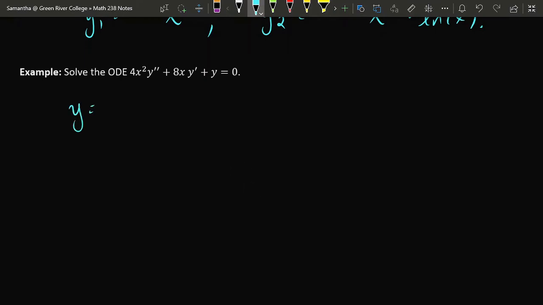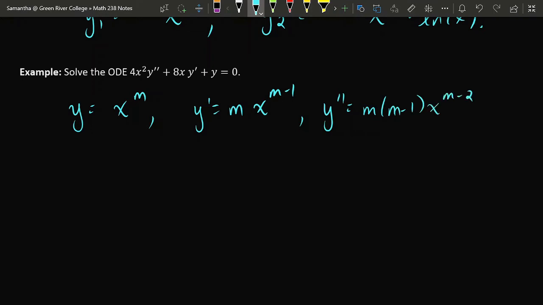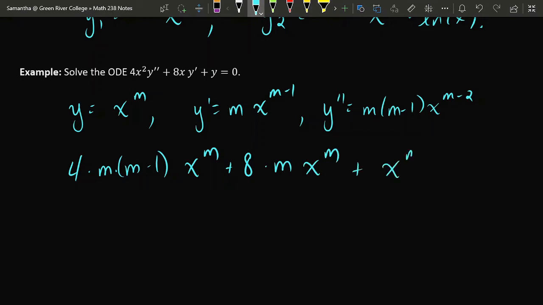If I set up my guess, y equals x to the power m, so that y prime brings down an m, and y double prime brings down an m minus 1, then when I plug that into the ODE, I get 4 times m minus 1, x to the m, plus 8 times m, x to the m, plus x to the m equals 0 after simplification.